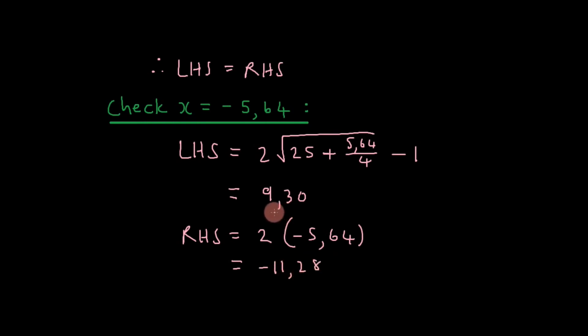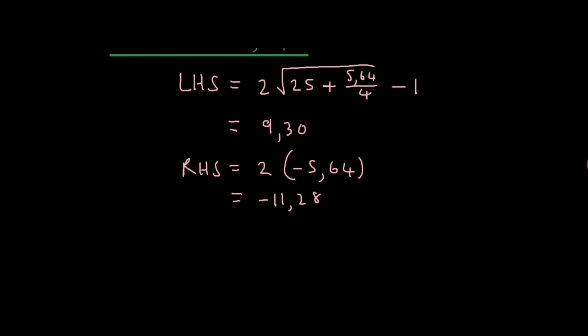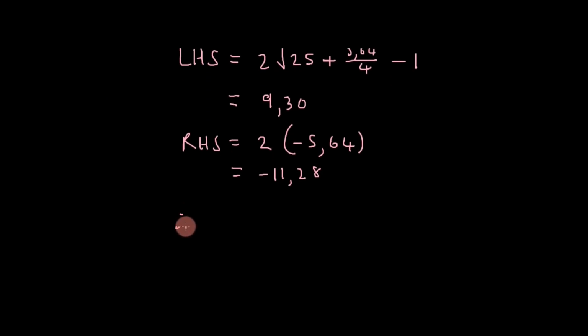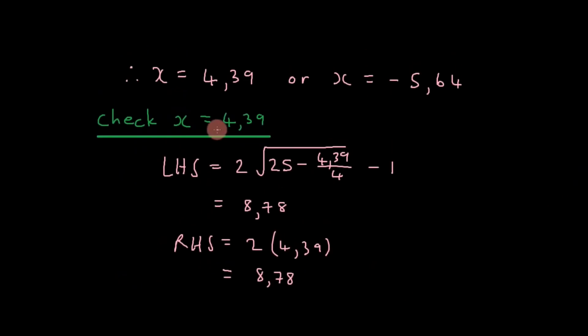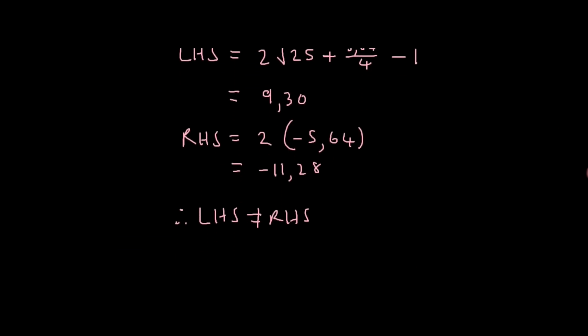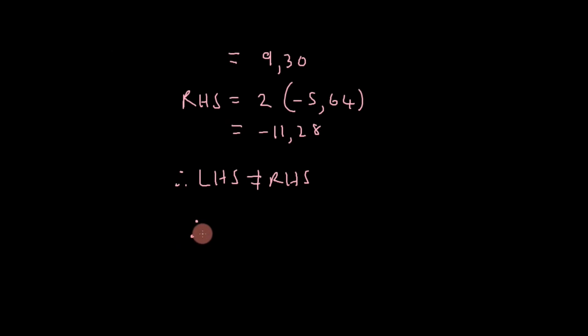And clearly the left-hand side doesn't equal the right-hand side. And hence we can conclude that x equals 4,39 is the only valid answer. So therefore x equals 4,39 only.